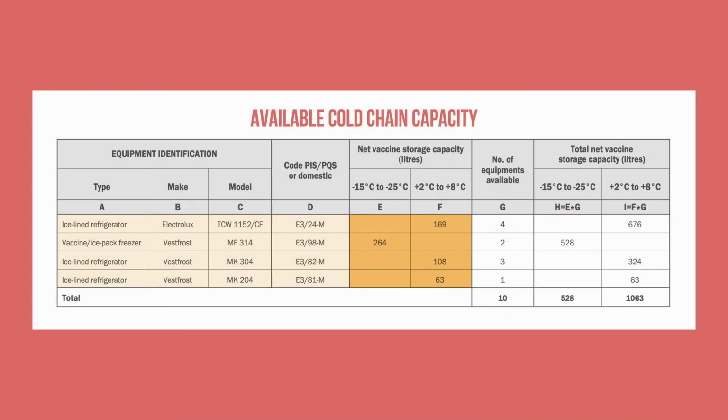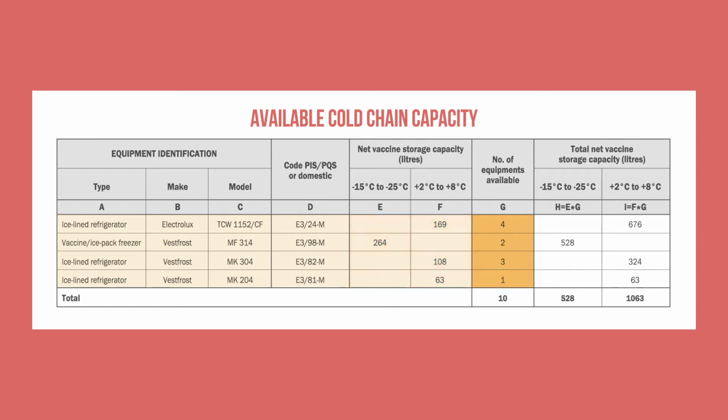Then, record the vaccine storage capacity of each piece of cold chain equipment in the appropriate temperature range column, depending on whether it is a refrigerator, cold room, freezer, or freezer room. Again, you can find these details in the WHO or UNICEF product information sheets or manufacturer's data.